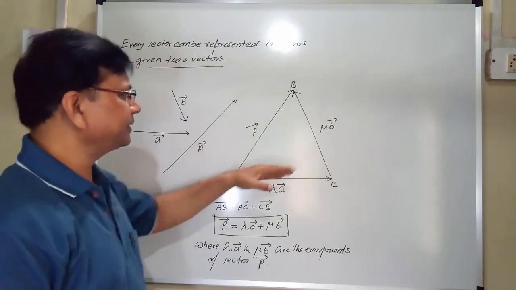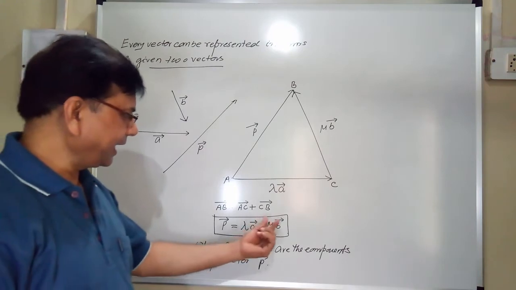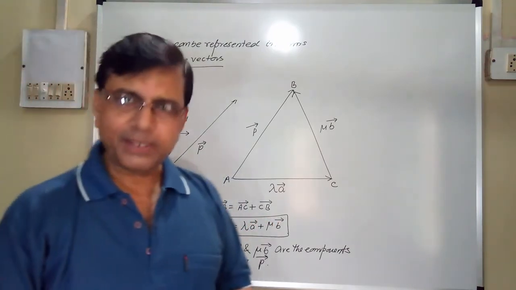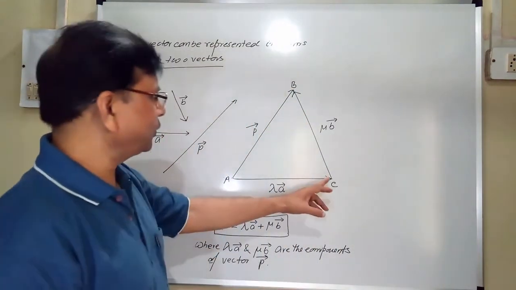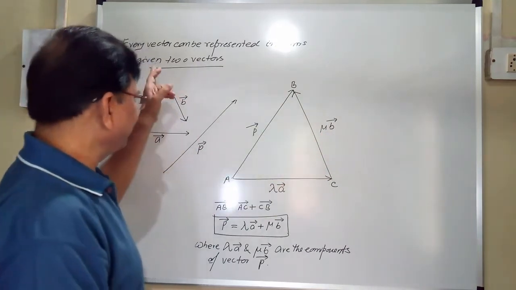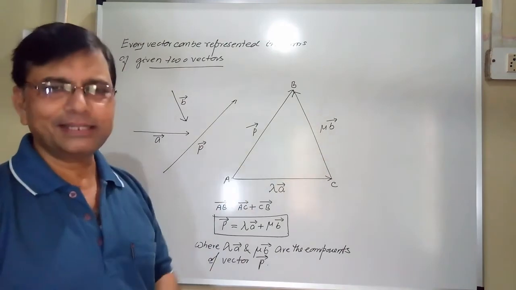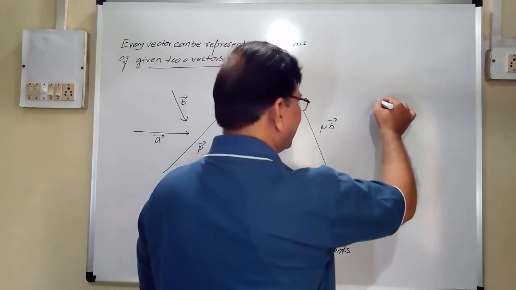Any vector can be represented as a sum of these two vectors, and lambda A and mu B are called the components of the vector P. Even though I have explained how mu B works, if the direction of B is this, mu will be negative in this case. That I will explain.